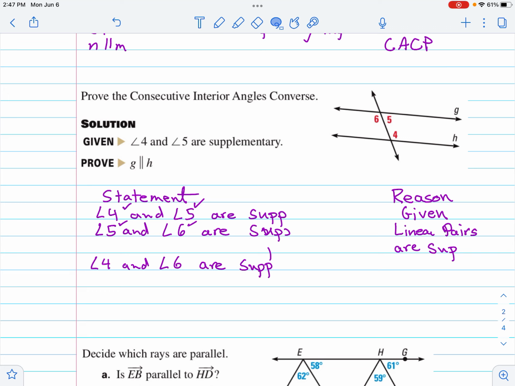If the measure of angle 4 plus the measure of angle 5 is 180, and the measure of angle 5 plus the measure of angle 6 is 180, then the measure of angle 4 plus the measure of angle 6 must be 180. So this is, I'll just say, supplements to the same angle are supplements of each other.